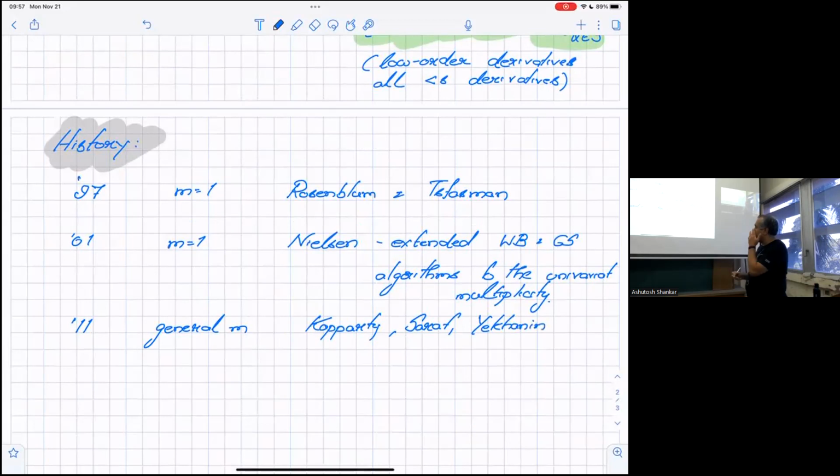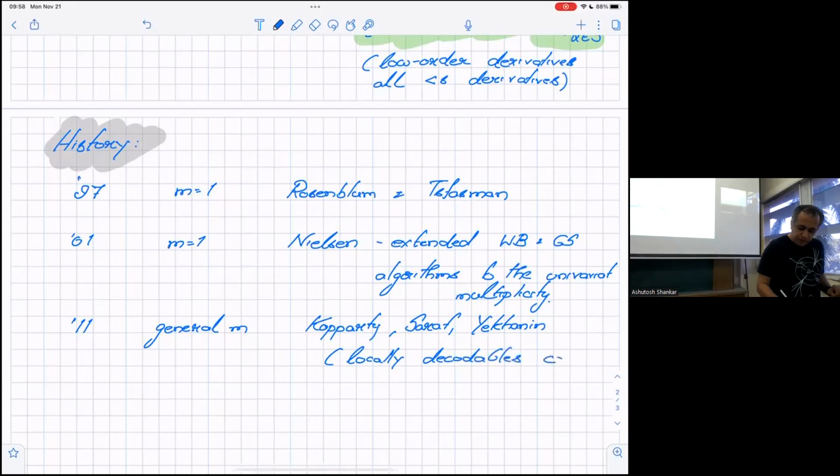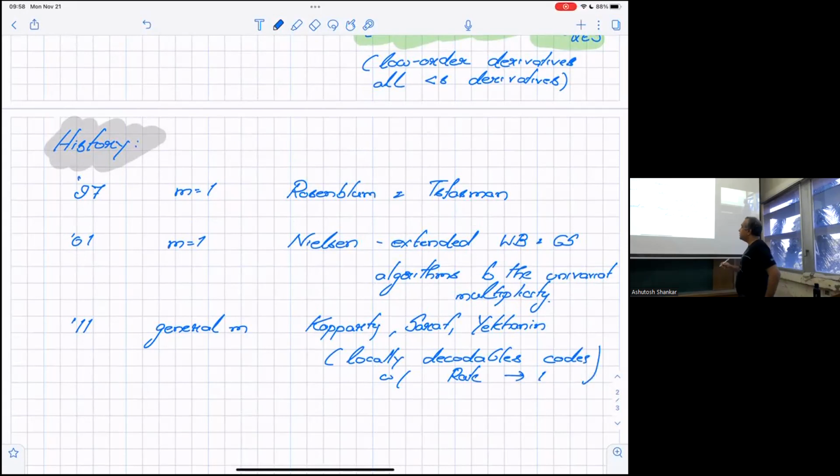So they defined the more general multiplicity code, and they did it in the context of locally decodable codes with rate approaching 1. Previously, it was not able to do this. They use these new codes to actually get these. We'll see, depending on how much time we'll have.